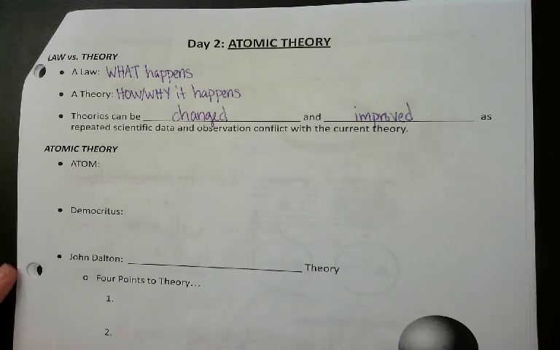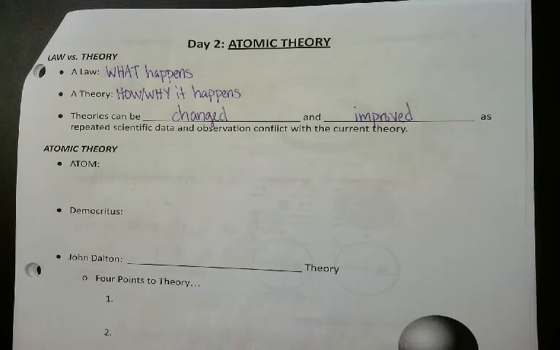So as scientists get more data, they can change their theory. The best example I can think of is, we all lived through COVID, right? At the beginning of COVID, scientists had ideas and theories about how COVID was spreading and how we could prevent it. But as they continued to study it, what they thought was true at the beginning turned out to not be quite as true. Some things were different.